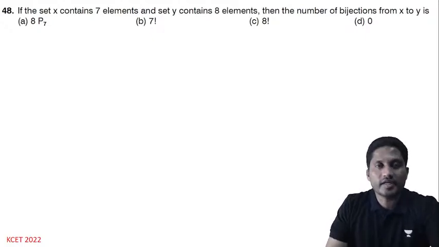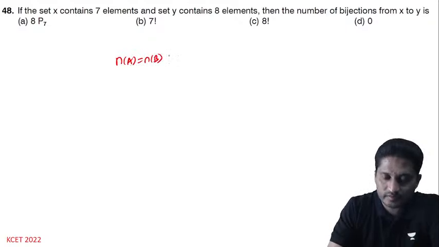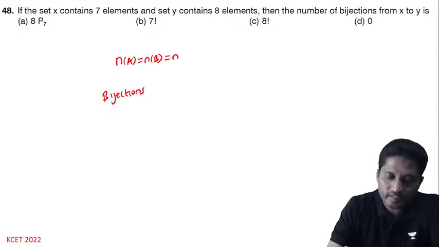Okay, question number 48. See, if n of A is equal to n of B is equal to n, then bijections will be n factorial. Total number of bijections is equal to n factorial, and 0 otherwise.